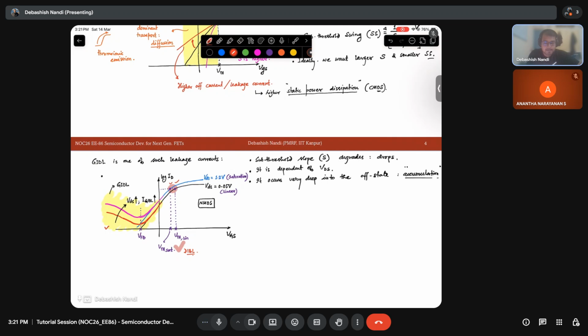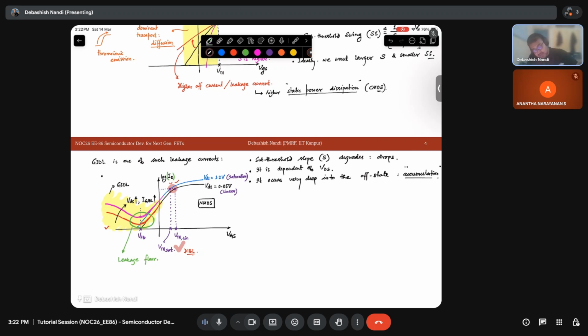Fine. Now another question would be: what dictates this current level? We call this the leakage floor. By the way, what I am plotting is ID.